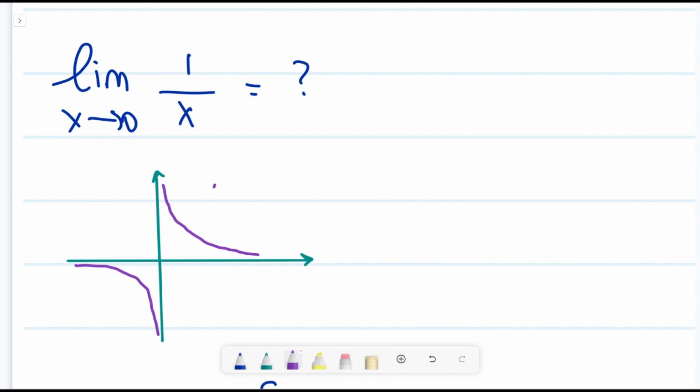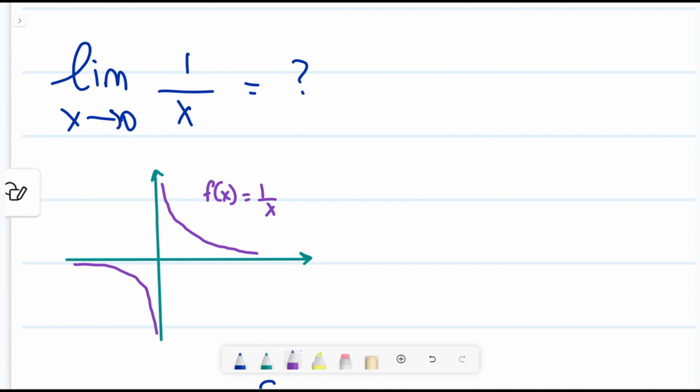And this is the graph of f of x equals 1 over x. So the limit as x approaches 0, how do we find it? First of all, we notice that as we approach 0 from the right hand side, the graph is going upwards, but from the left side, it's going downwards.